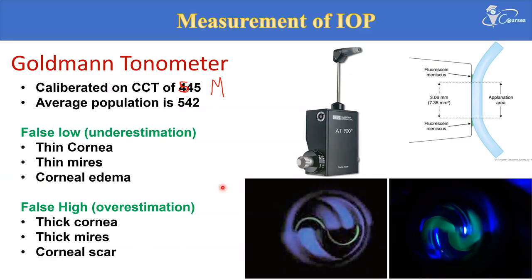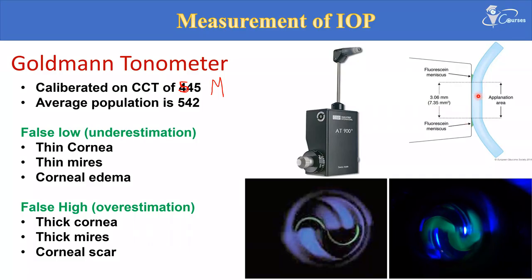So if the patient, for example, has a pressure of 30 millimeter mercury, and when you do the applanation, you find that the Mires or the semicircles become normal at 20 millimeter mercury, and you think that this 20 millimeter mercury is the normal measurement. No, it is 30. But because the cornea is very thin, only the 20 millimeter mercury was enough to applanate the cornea.